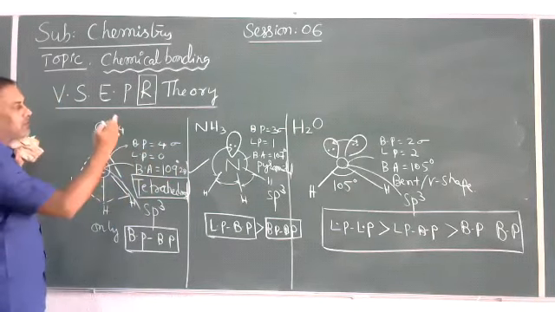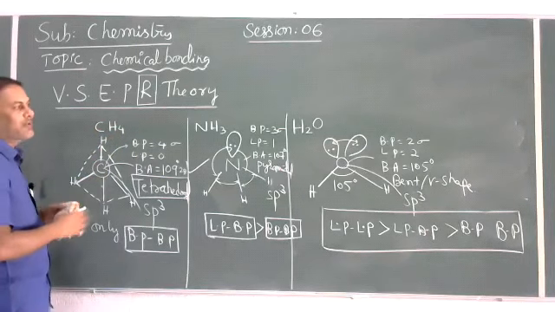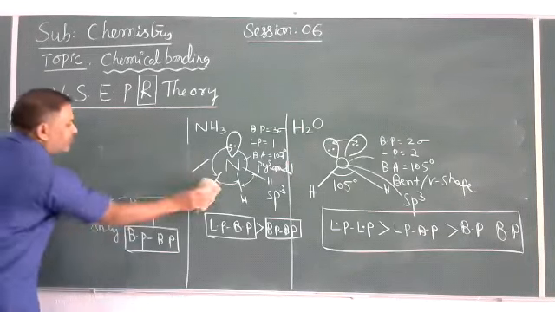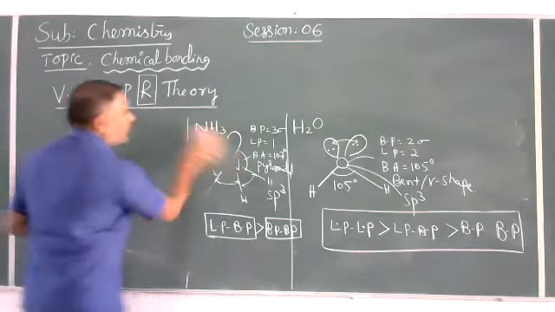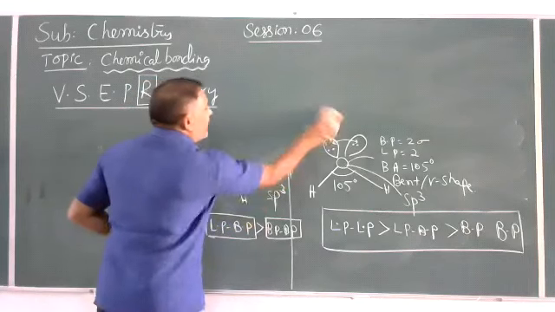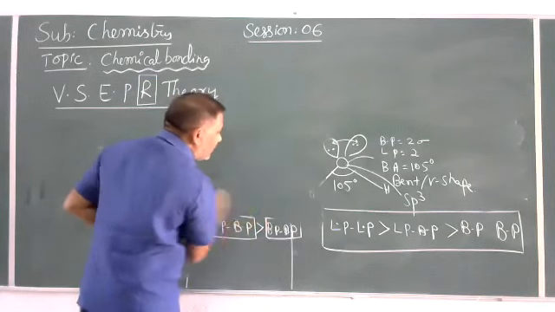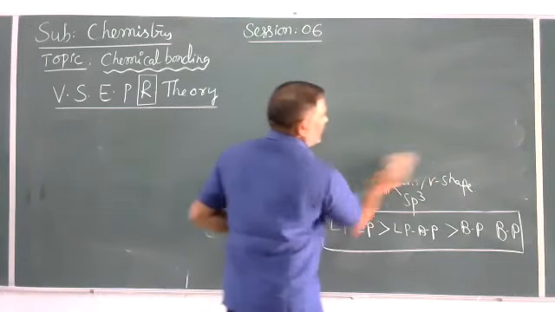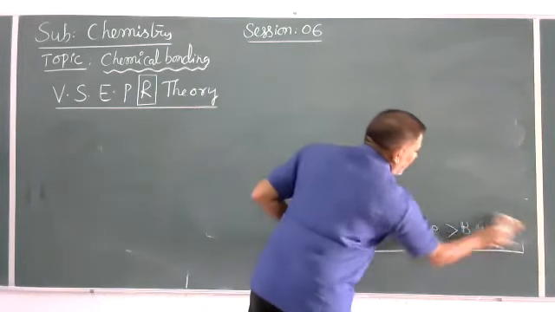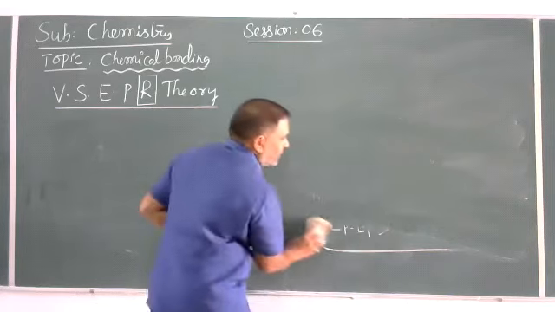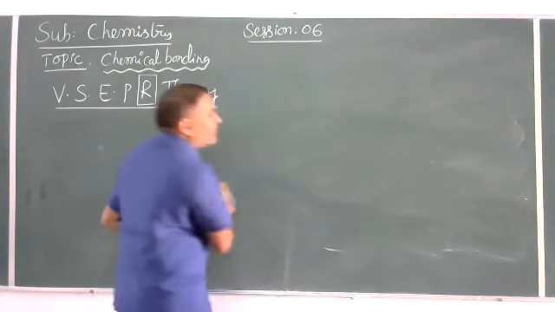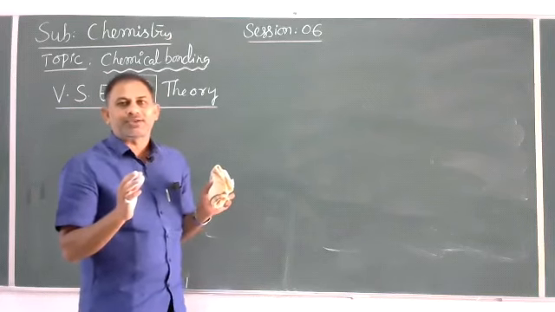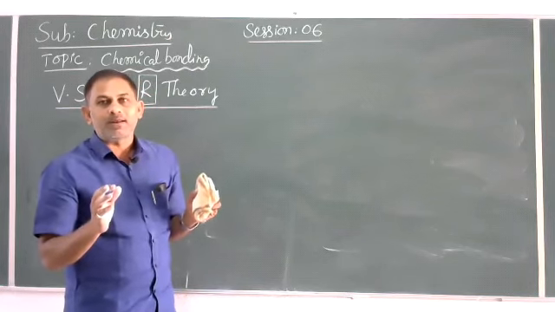Based on these theories, I'll create one important table based on lone pairs and bond pairs, and I'll give the shape of the molecules with one or two examples, based on VB theory, VSEPR theory and hybridization. Regularly one question is asked: which of the following is an isostructural molecular pair, or which is an isostructural and isoelectronic species?